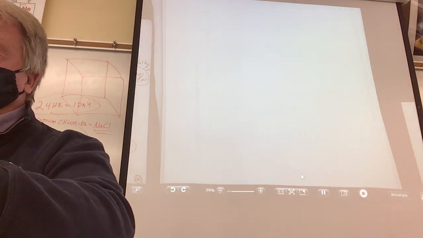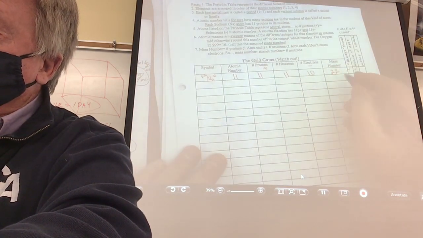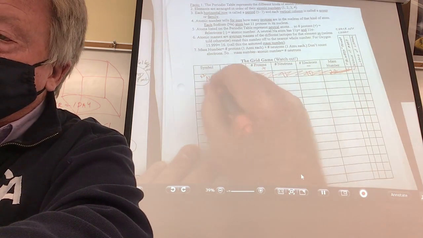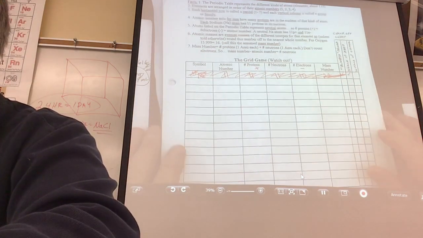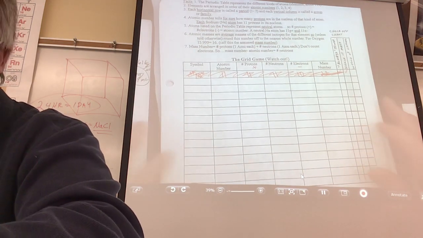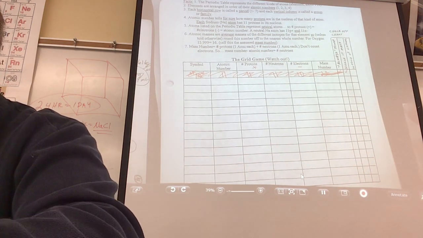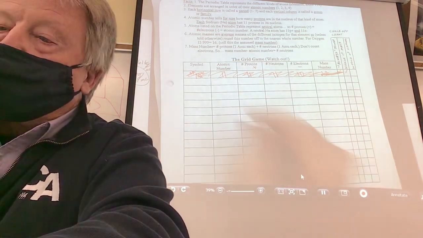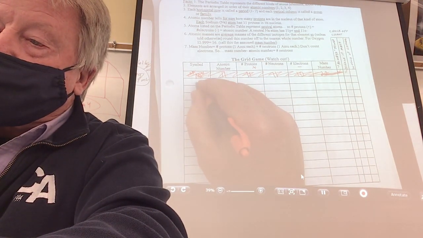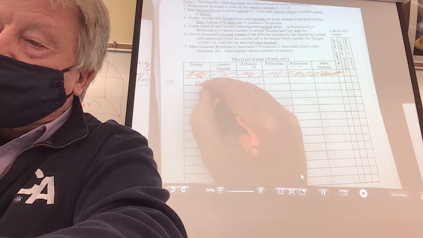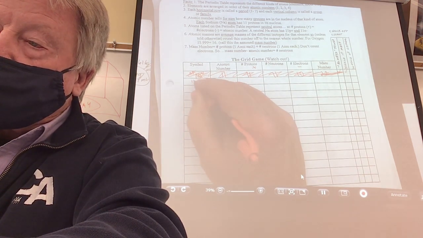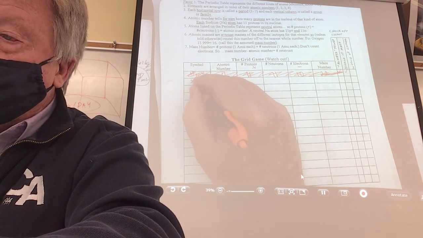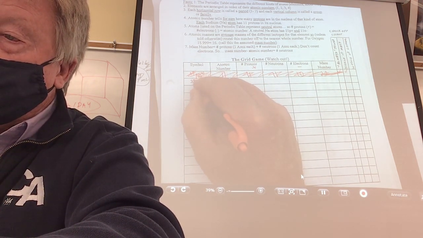Let me redo this one because I used the wrong paper. We're going to play this thing called the grid game. We didn't play the grid game yet, did we? No. Okay, so here's what we're going to do. I'm going to put down a symbol, for example, I'll start out with this one, Na +1, 23, sorry.